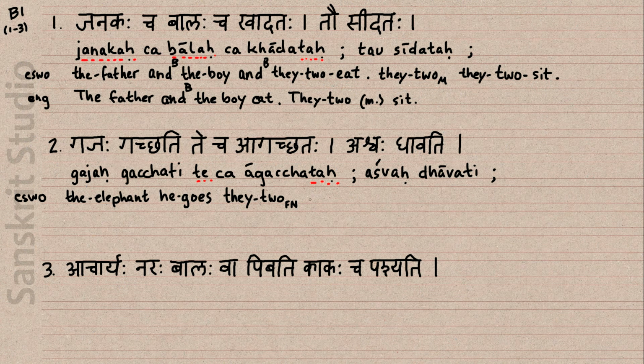All right. And then we have a verb. So gacchataha is going, and agacchataha is coming. So someone is coming, and they too are coming. They too come. And then we have an ashvaha.